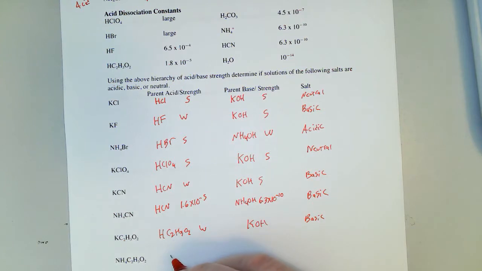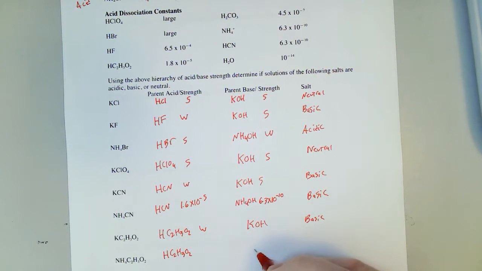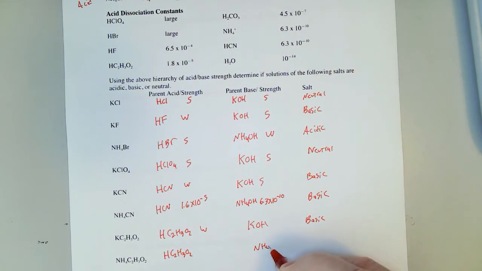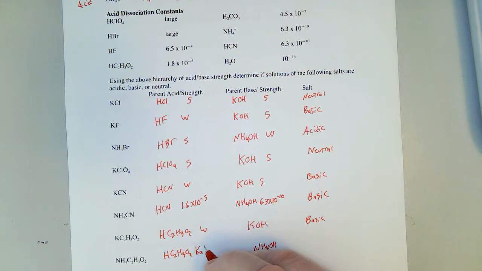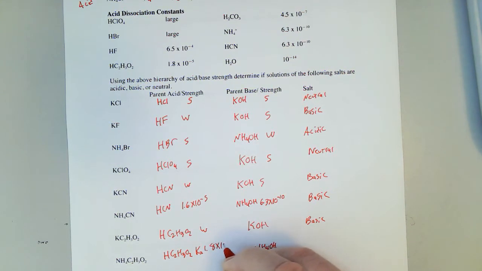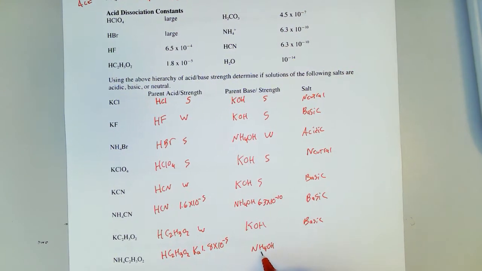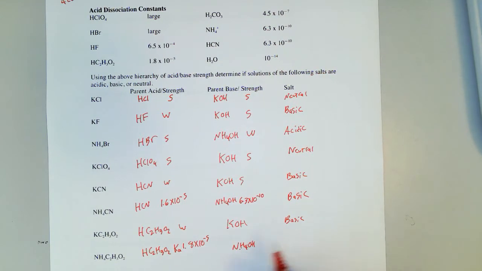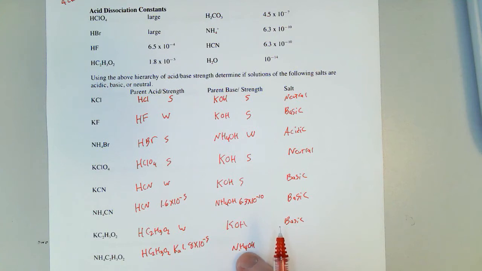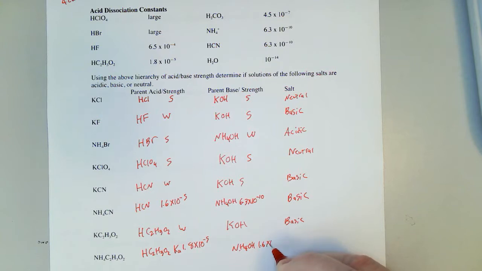Now here we have the ammonium. So that acid is going to be HC2H3O2 and NH4OH. Now the Ka for acetic acid is 1.8 times 10 to the negative fifth, and the Kb, we can figure that out using Kw, and that comes out to be 1.6 times 10 to the negative fifth.